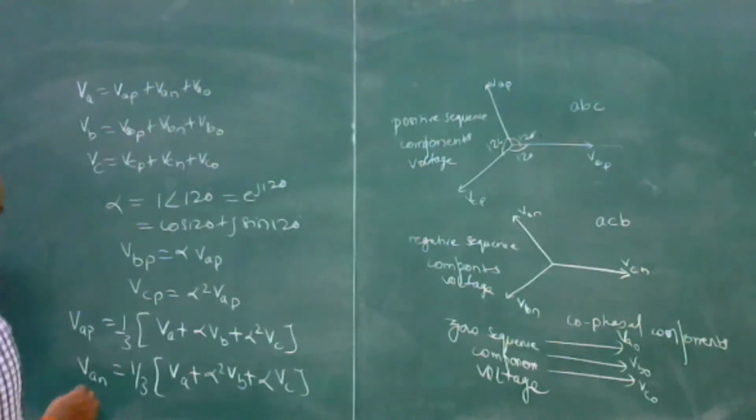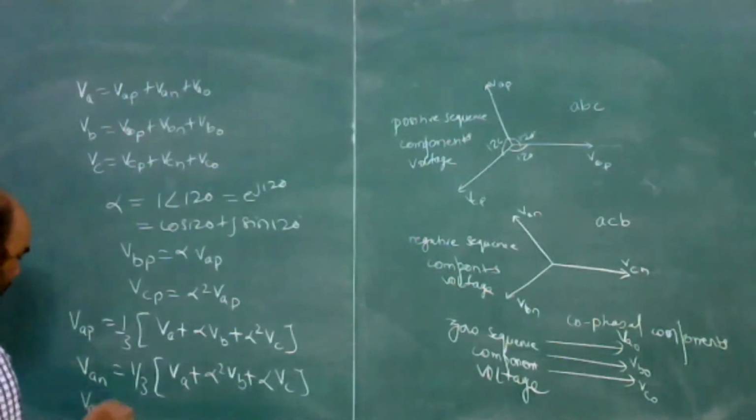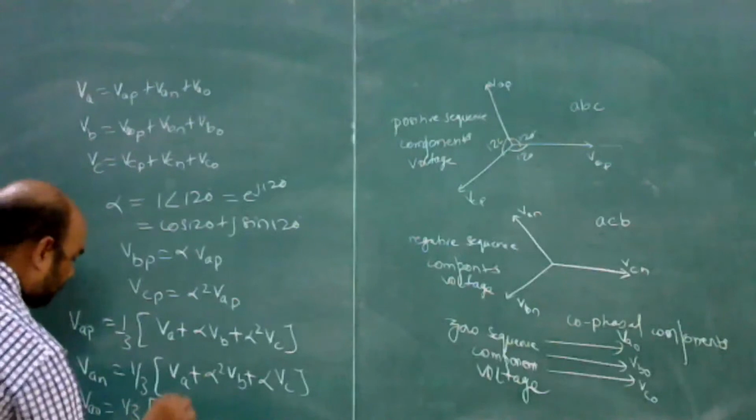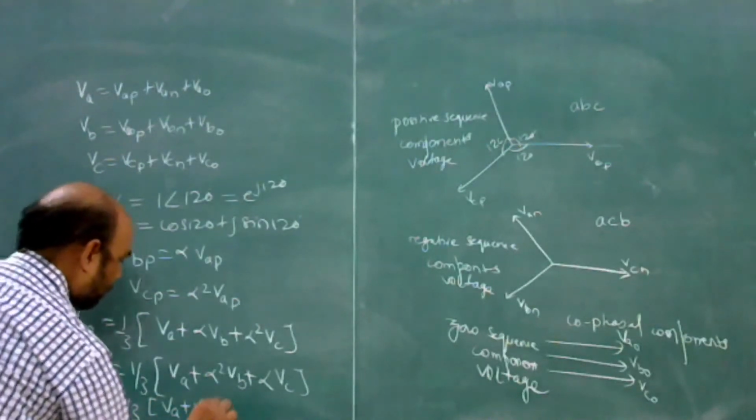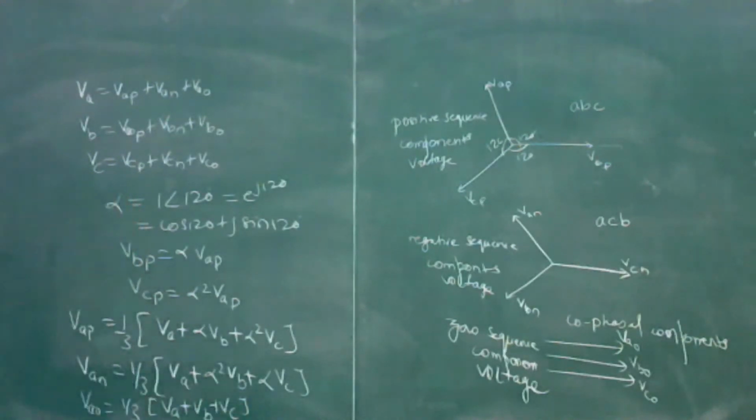And VA0 is equal to 1/3 VA plus VB plus VC. Okay. So these are the positive sequence component of A, negative sequence component of A, and zero sequence component of voltage phase A. Okay.